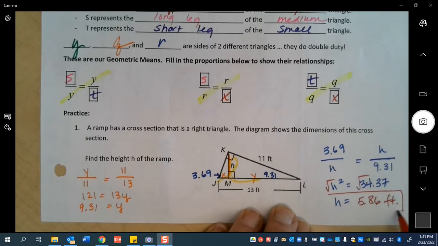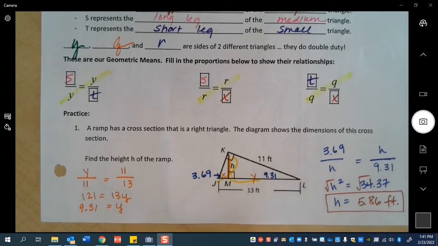All right. So we can apply these proportions and use them when it comes to solving for our different lengths. If I'm looking for my height, I can use the two pieces of the hypotenuse to set up this proportion to solve for that. If I don't have either of those pieces, I can get the piece by using the other geometric mean.